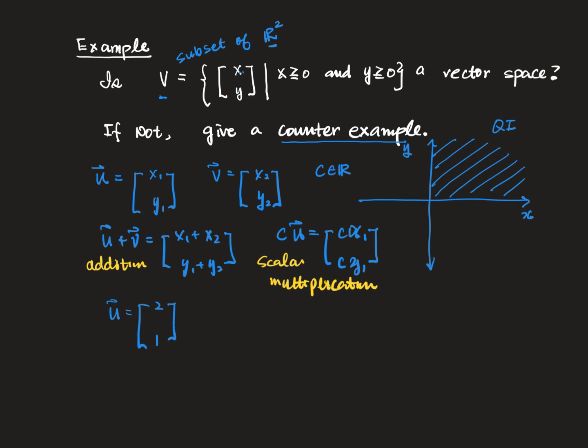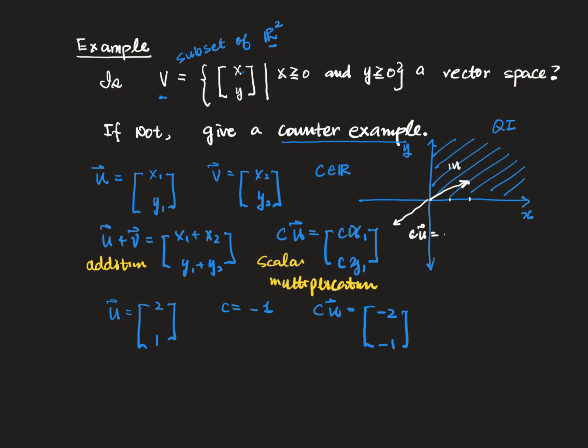That's the u vector. Of course, this is in the first quadrant. Now I'm going to pick the c value to be -1. Any real number you can pick. So you find cu, the scalar multiplication: (-2, -1). In the picture, where is (-2, -1)? That's here. So the negative cu vector. Another way, no.